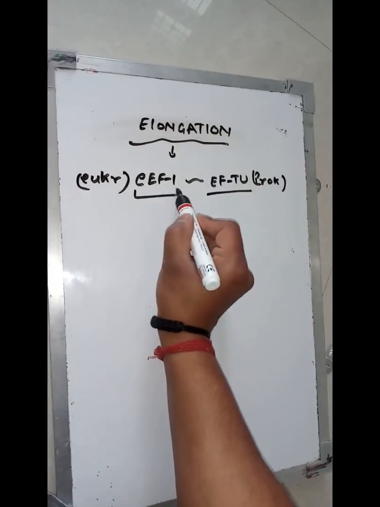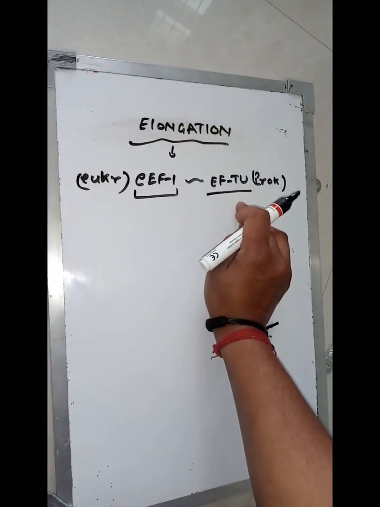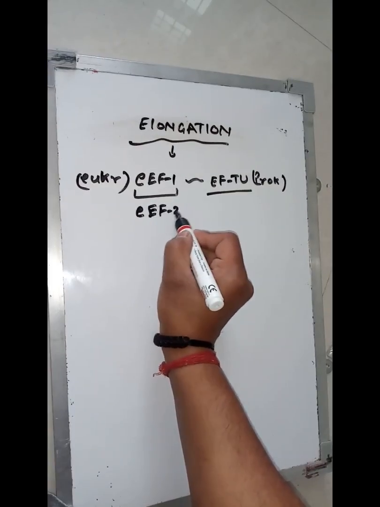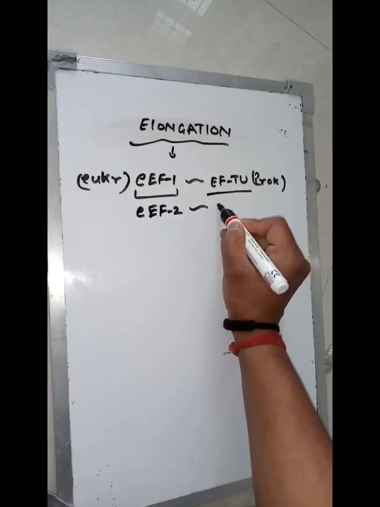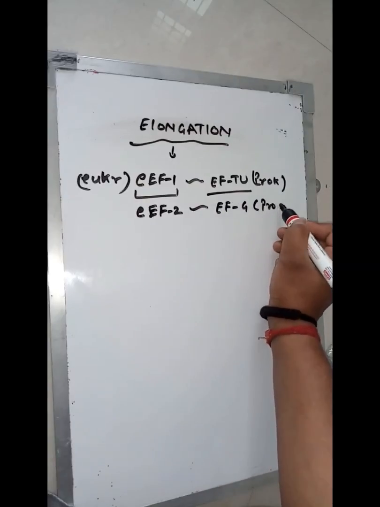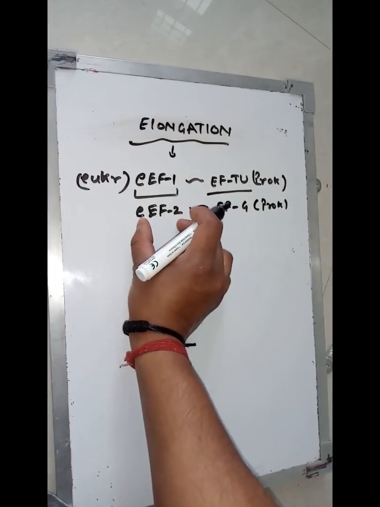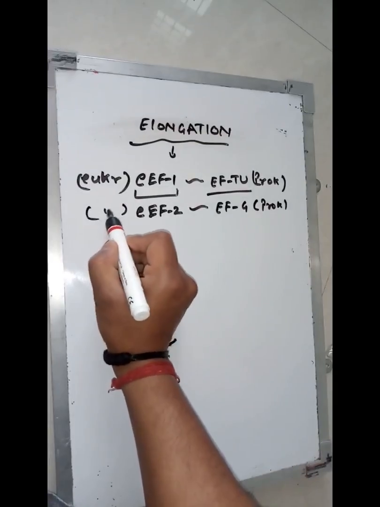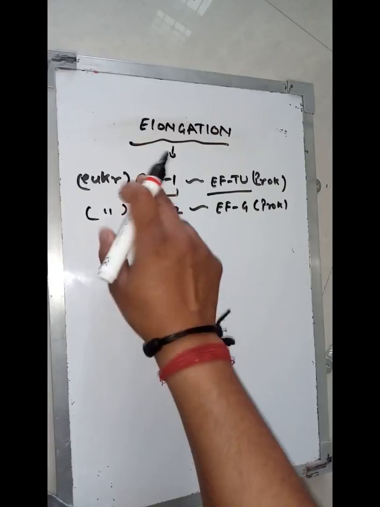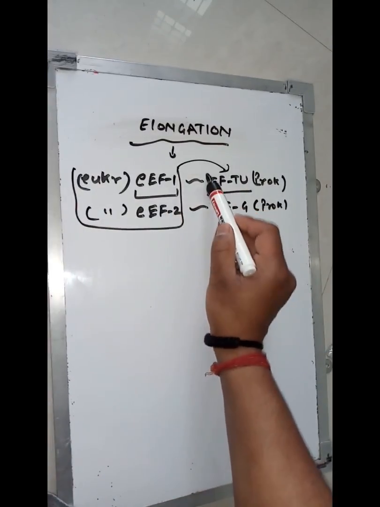So EF1 is similar to EFTU and EEF2 is analogous to EFG in the case of prokaryotes. So prokaryotic elongation factor G is similar to elongation factor EF2 of eukaryotes, and their function is similar.